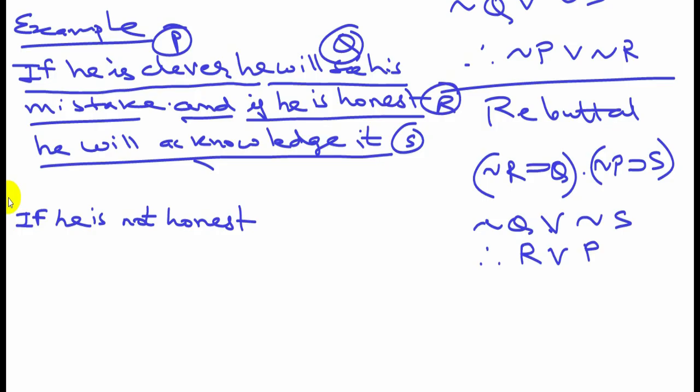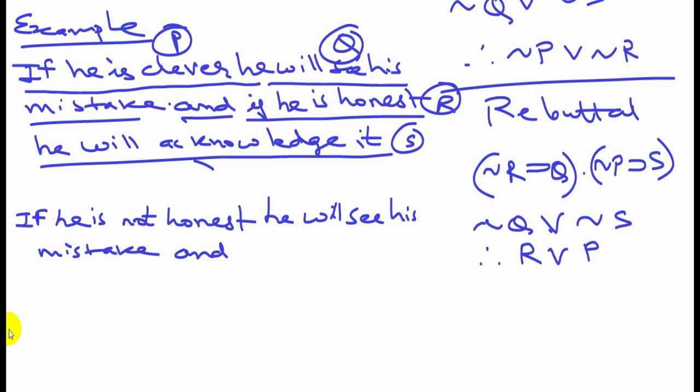He will see his mistake. And now we go to not P. P is if he is clever.